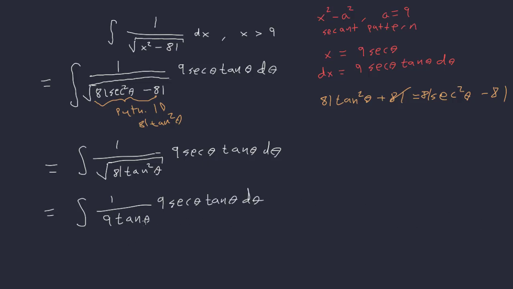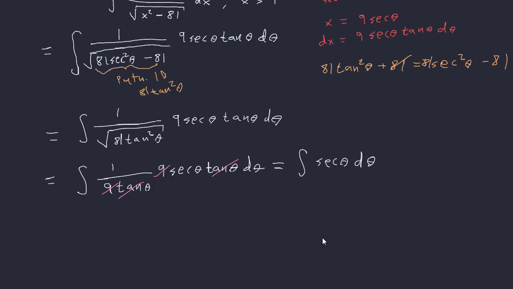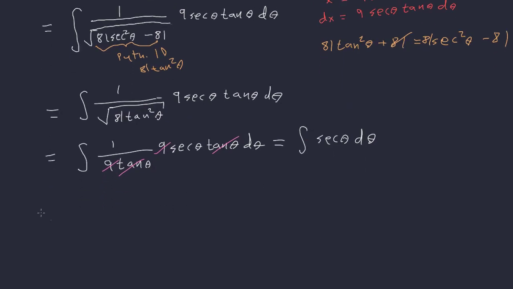All right, so the tangents cancel, the 9s cancel, and we are just left with the integral of secant theta d theta. Now, thankfully, we've done that work already. We know that the integral of secant is the natural log of secant theta plus tangent theta.